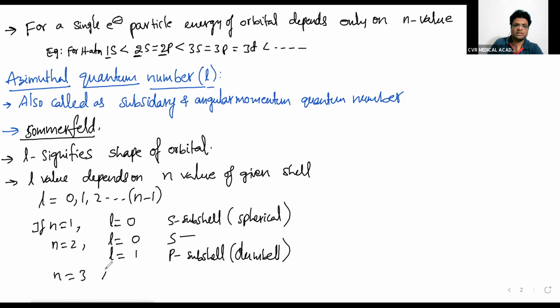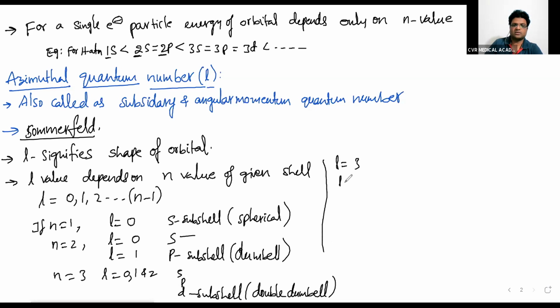For n equal to 3, the possible L values are 0, 1 and 2. That means s, p and d subshells are possible. For the d subshell, the shape is double dumbbell. What about the other possible values? L equal to 3, 4, 5 are f, g, h.